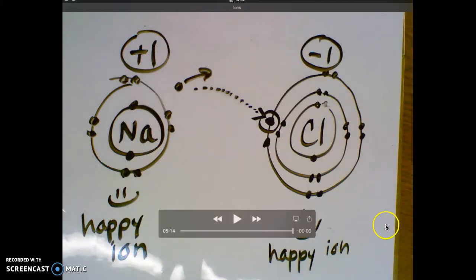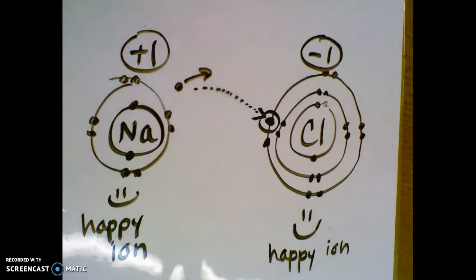So your charges are determined on whether or not you're gaining or losing electrons. If you gain electrons, you're going to have negative charges. If you're losing outer electrons, you're going to get positive charges because you'll have more protons than you have electrons. So I hope that makes sense. Talk to me if you have questions.